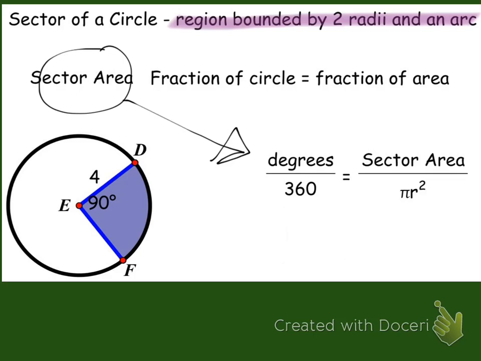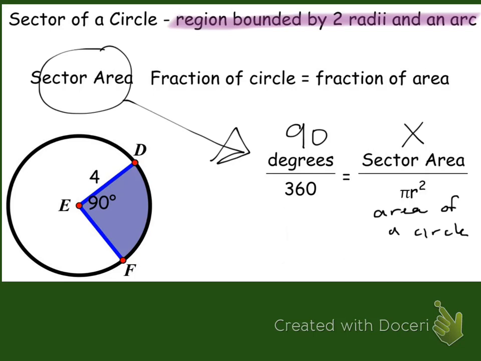We take the degree measure, that portion of the degree, so in this case we'd take that 90 degrees, put it over the entire 360 degrees, just like in the arc length. But this time we're going to take the sector area, which in this case is the unknown, and we're going to divide it by the area of a circle. And that's where that pi r squared comes from. And then we just solve for x.